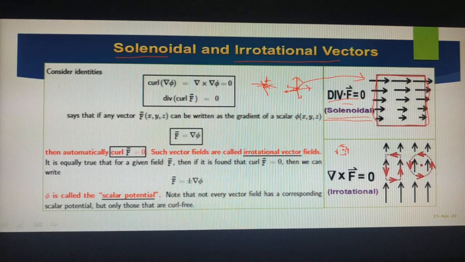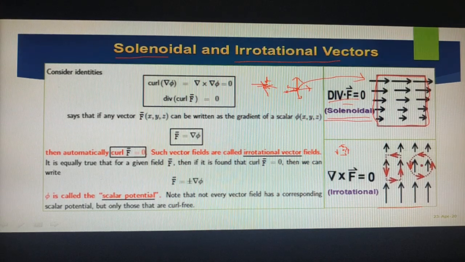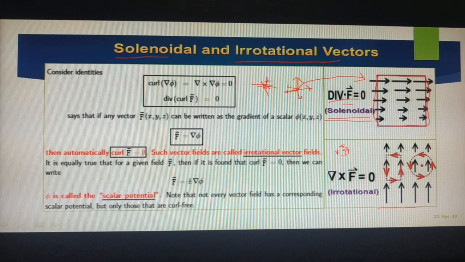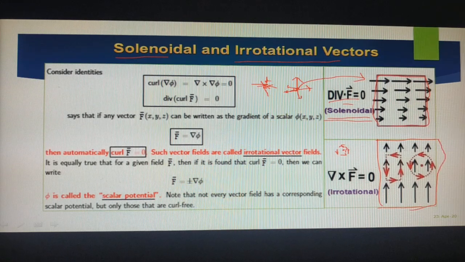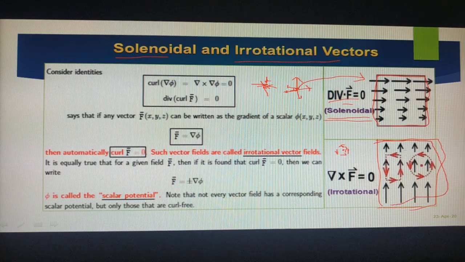See here also, these black lines are representing our original vector lines. Let's assume this is in our vector field. Let me take at some point, here also I am taking a rectangular box.